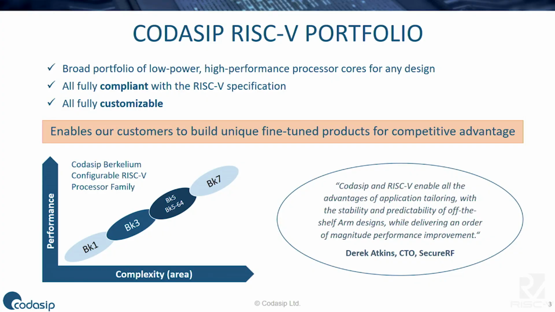But if there's something that you need to customize, if you need to add more instructions, you can do customization in every single BK that we offer right now. All of these cores are fully compliant with the specification, which means that whatever you configure, it's RISC-V, and you should be able to run any code on these cores.